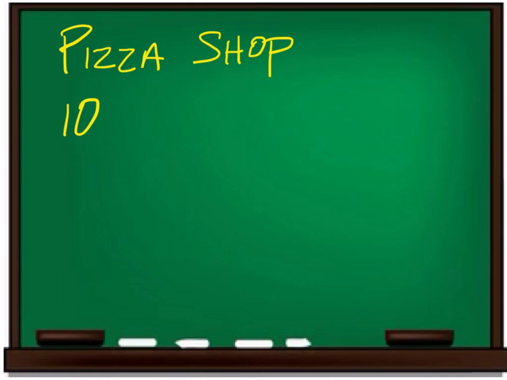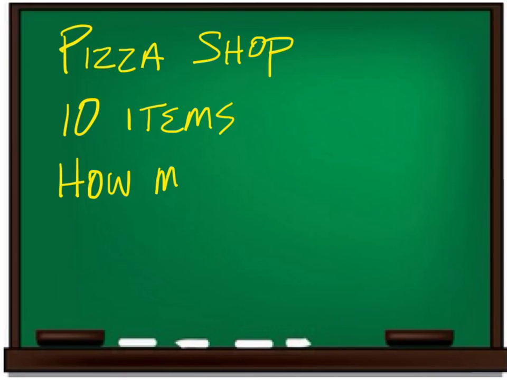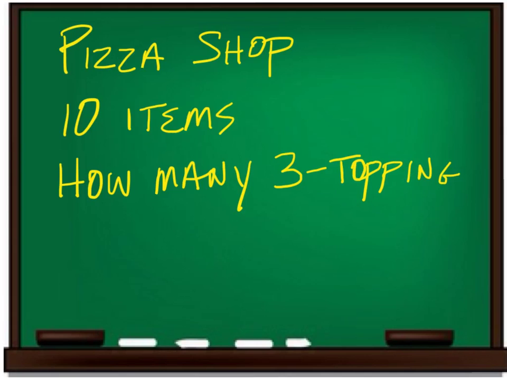Example 3. A pizza shop has a total of 10 items that they could put on pizzas. What we want to know is how many 3-topping pizzas can be made if you have 10 to choose from.